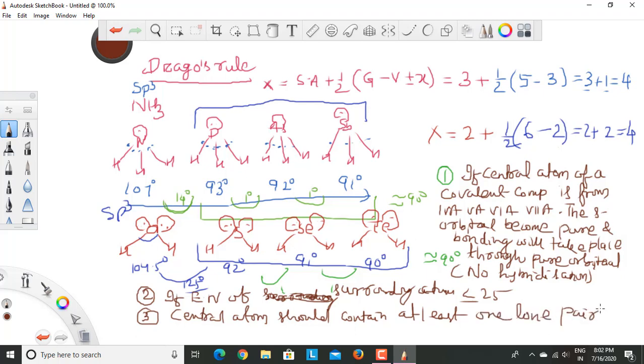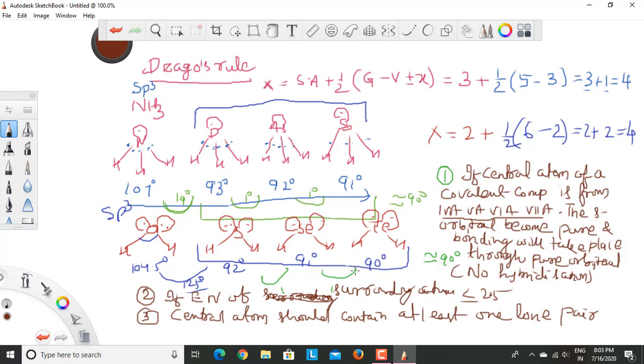Okay, what it means is that the central atom belongs to these groups. This is condition number 1. Condition number 2: the electronegativity of the surrounding atom is less than 2.5. Condition number 3: the central atom should contain at least one lone pair, one or more than one lone pair. Here the central atom contains one lone pair, and here the central atom contains two lone pairs, and the surrounding atom hydrogen has electronegativity 2.1.